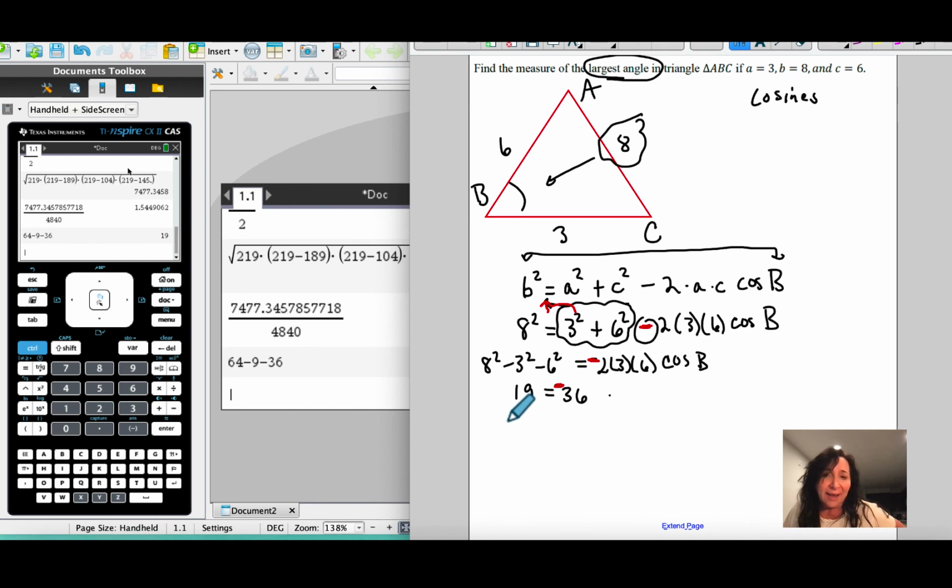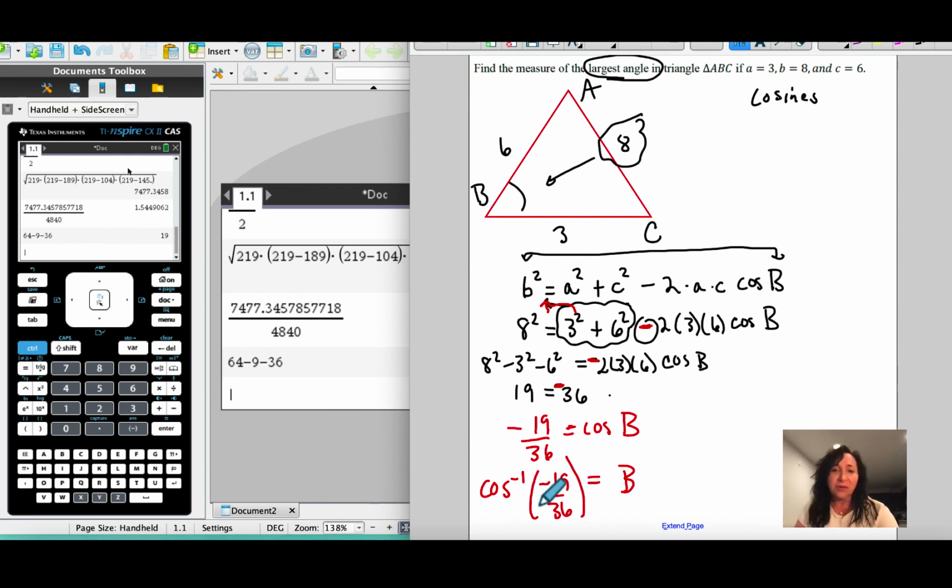So now what I have is negative 19 over 36 is equal to cosine of angle B. That means angle B is equal to arc cosine of negative 19 divided by 36. Let's figure that out.